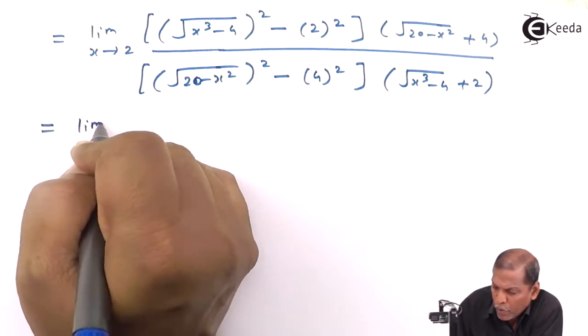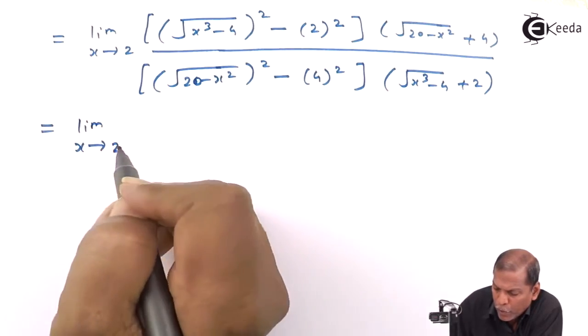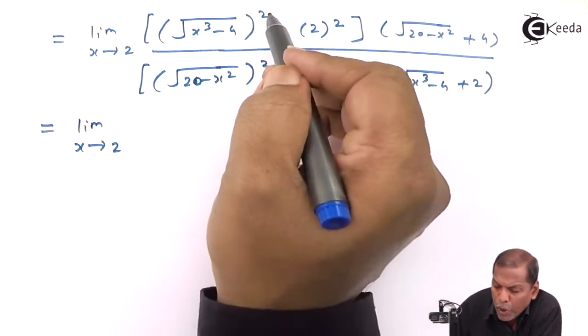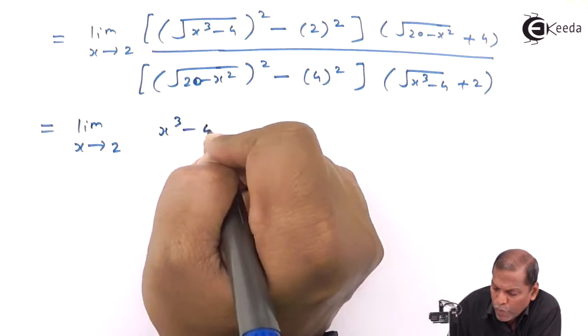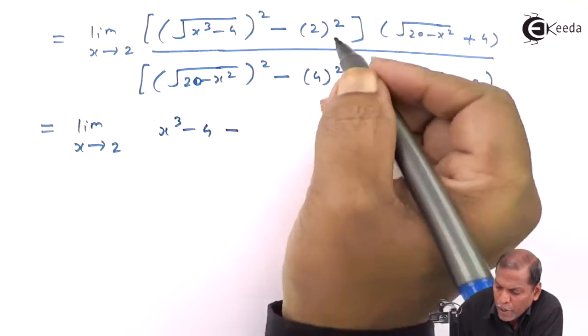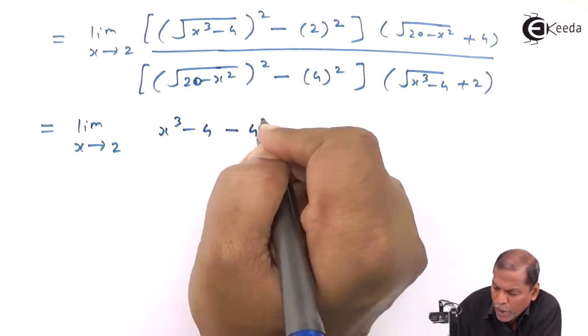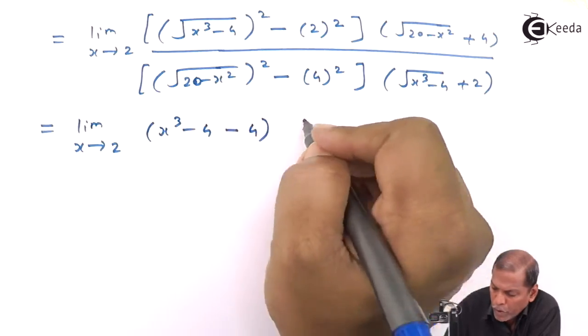So that equals limit x tends to 2. Now square and square root cancel, so we get x cube minus 4, then minus 2 whole square also gives us 4.